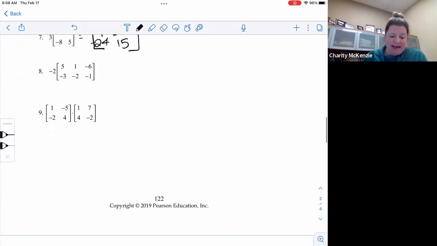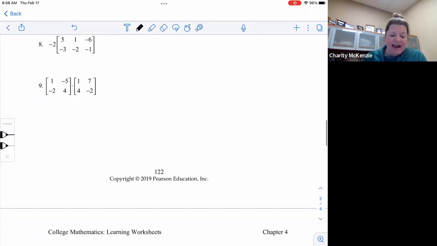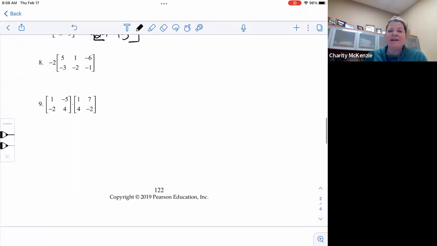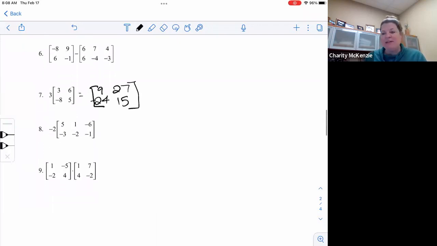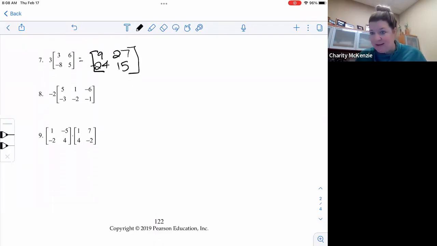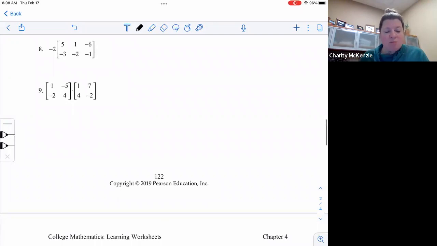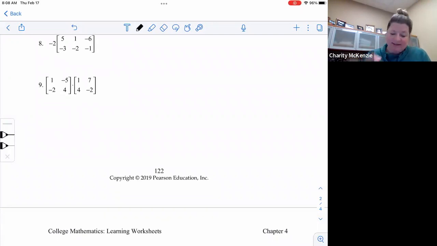Okay, 9 is the first one that is straight matrix multiplication. So this will be what takes you some time on this homework. So multiplication works like this. We have this first matrix that is a 2 by 2, and the second one is a 2 by 2. This middle, so column versus row, 2 by 2.